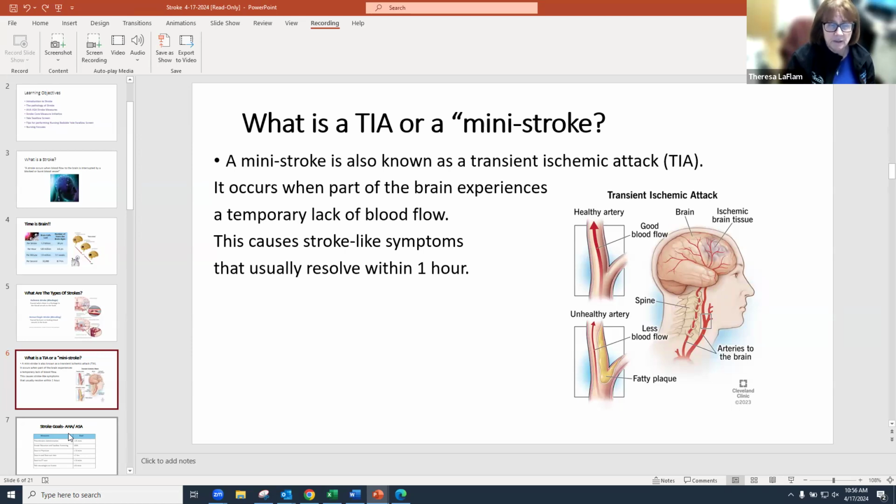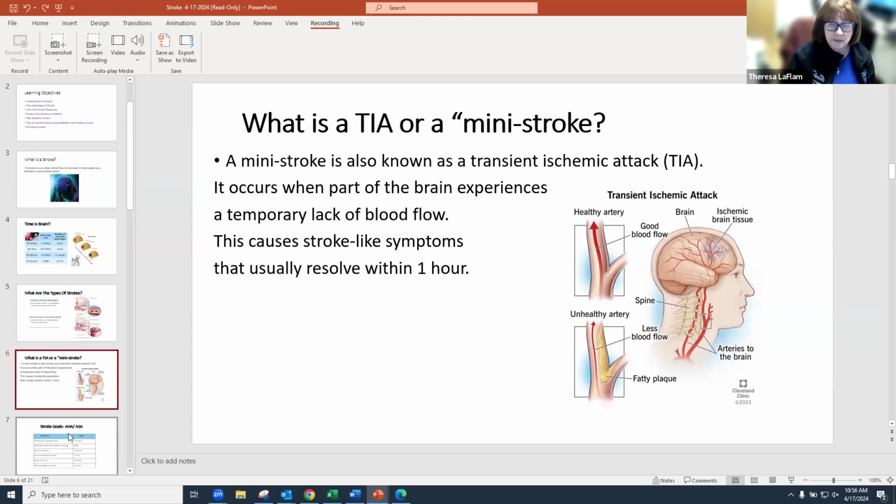And what happens there is the brain experiences a temporary lack of blood flow. So it might be just for a minute or 5 minutes. It could be anywhere up to 12 hours for a TIA, but usually the symptoms resolve within 1 hour.